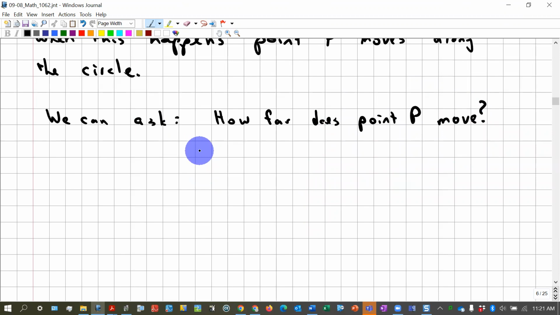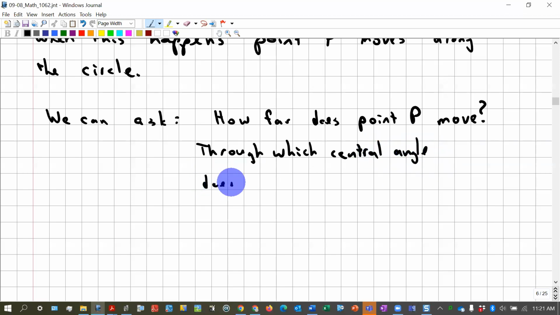And we can ask through which central angle does point P spin?